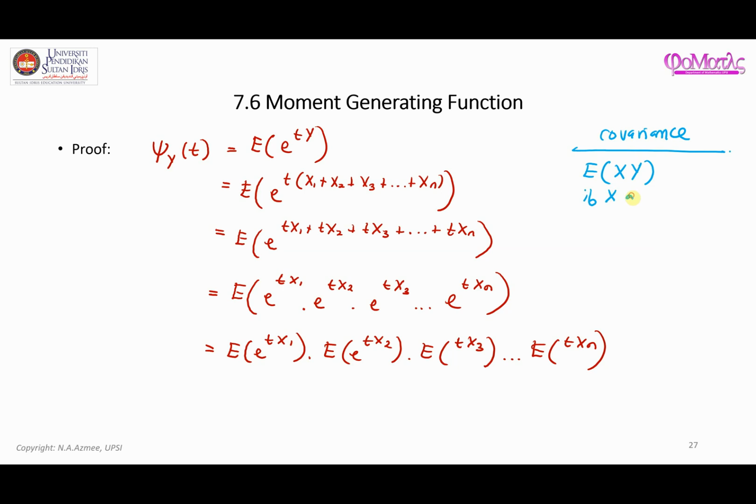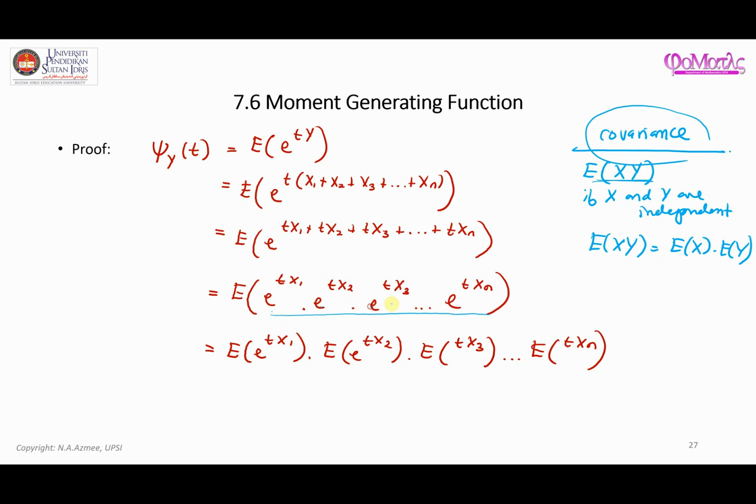If x and y are independent, therefore E of xy becomes E of x times E of y. So this is something that you have seen in the previous video related to the formula of covariance. So this simple idea is brought forward in this case.